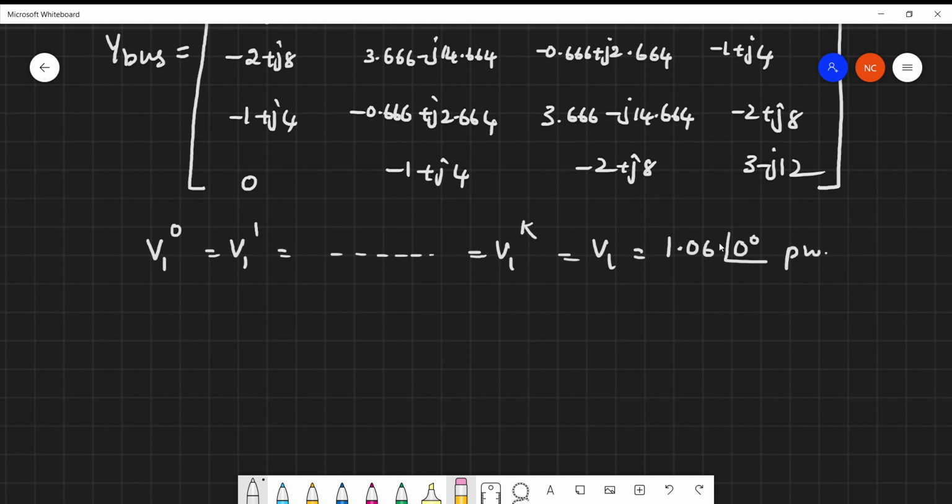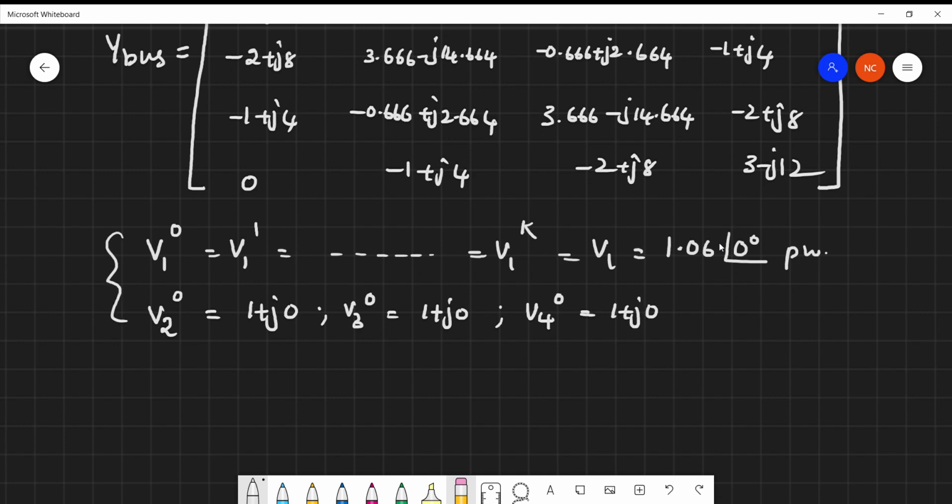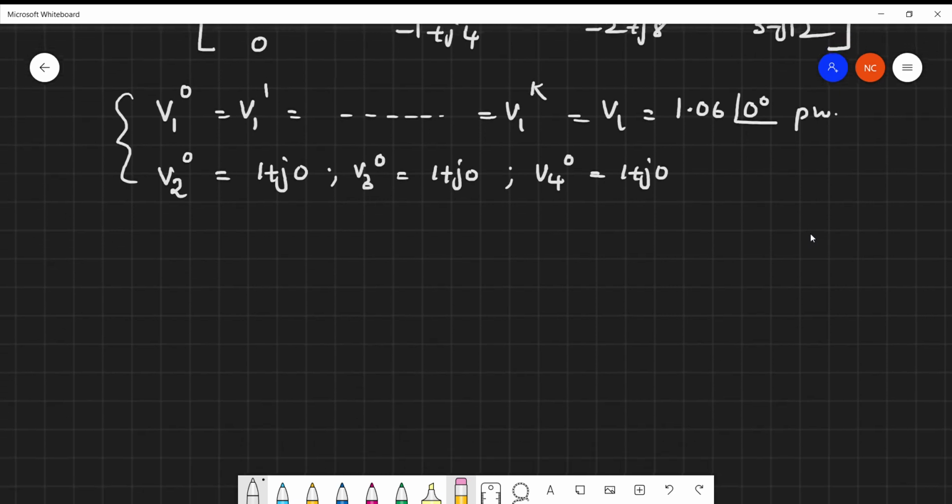Now the second bus voltage, because the second bus is a load bus, we can assume a flat start, that is 1 plus j0, and in a similar way the bus 3 voltage will also be the same value, and also the fourth bus. So with these initial guess voltages, we will be starting the Gauss Seidel solution.